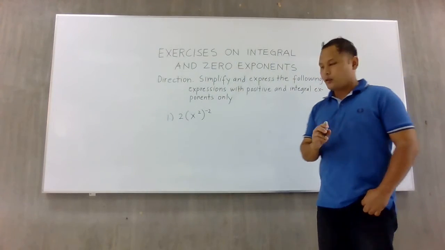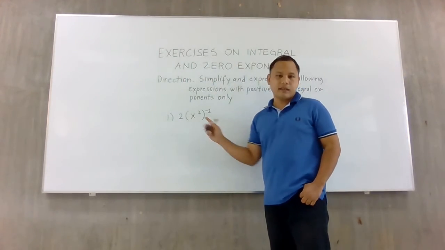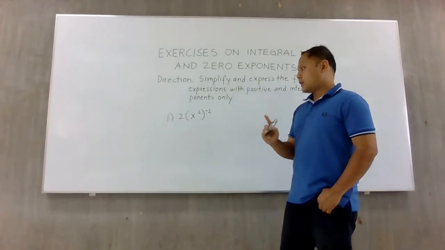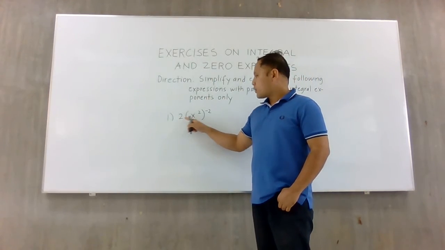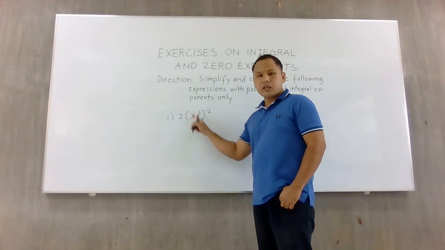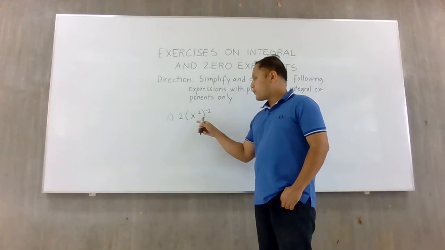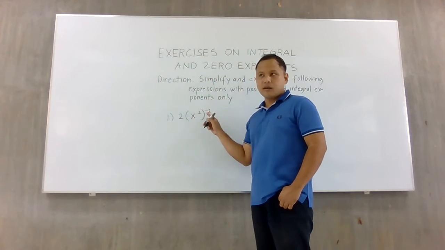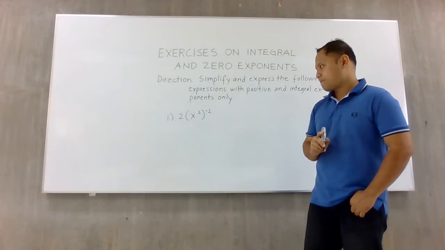Take note that we are multiplying two quantities here. The first quantity is 2. The second quantity is this expression. So we focus on this second quantity because it is more complicated.